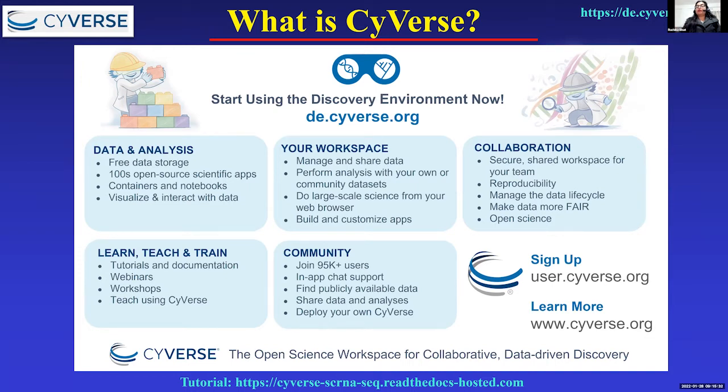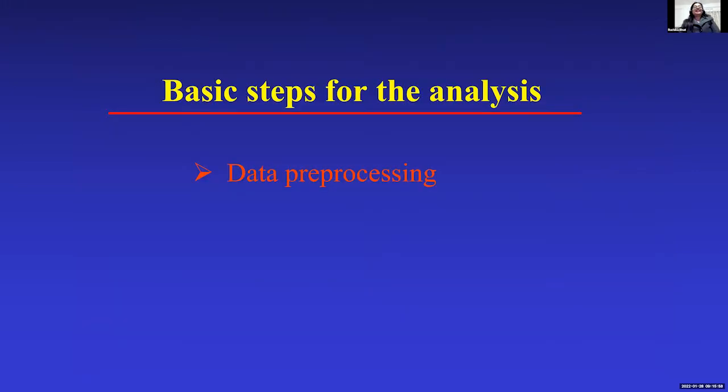Plus, you also get help from the CyVerse community or the app integrators. Not only that, it saves you time and a lot of work of loading the libraries and everything, because that was already taken care of when the app was created. So I'm thankful to CyVerse for that.